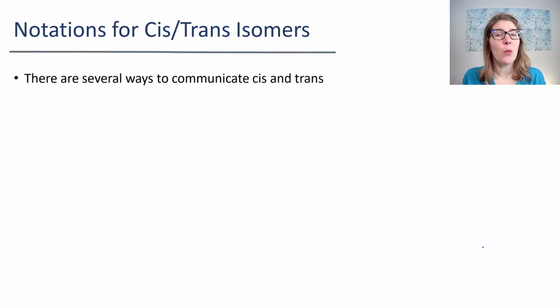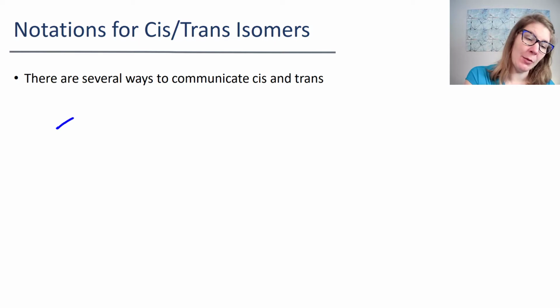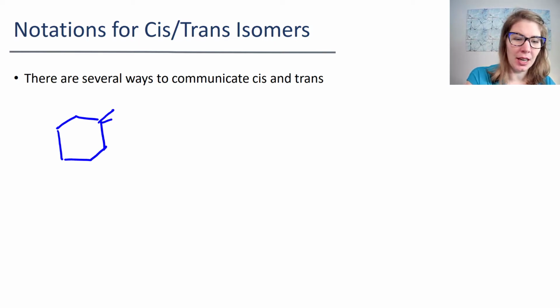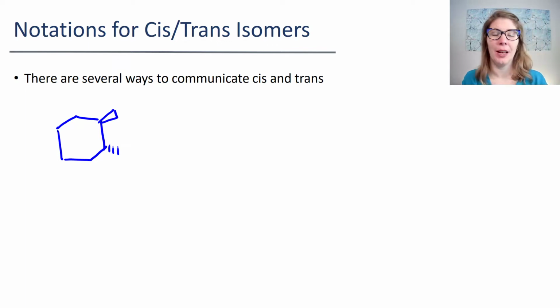There are a couple of ways to draw cis-trans isomers. One way is a way that we just looked at, where you draw your planar ring and you put in wedge and dash bonds. That's one way to illustrate cis and trans isomers.